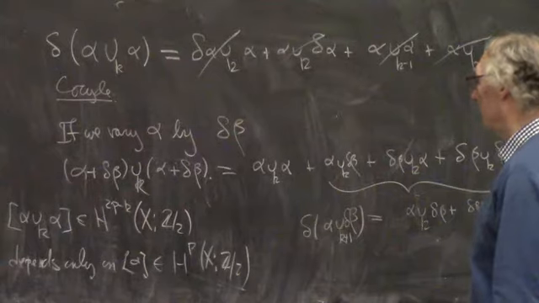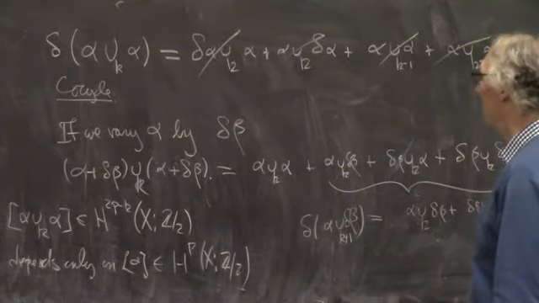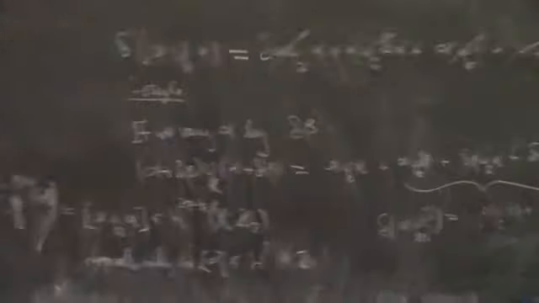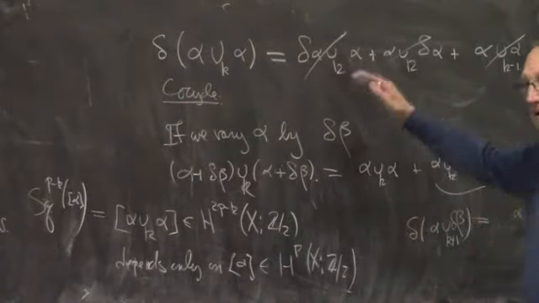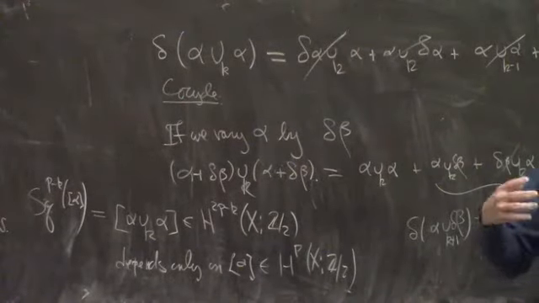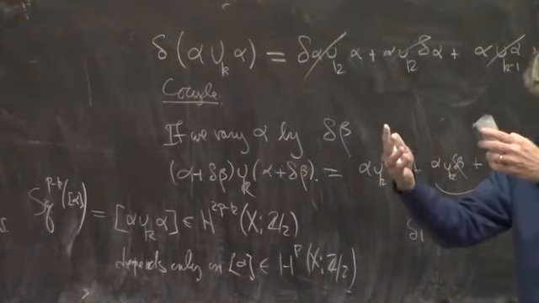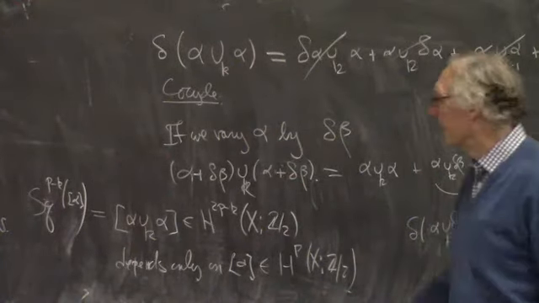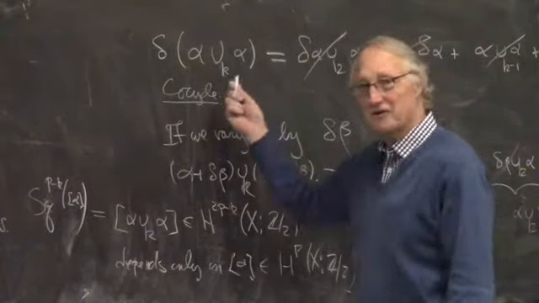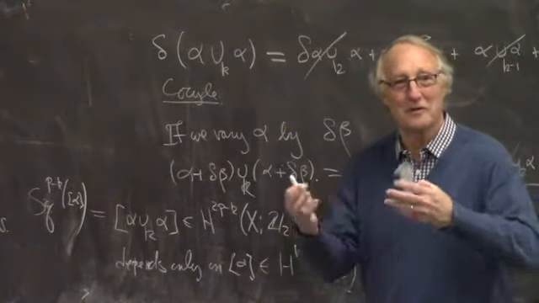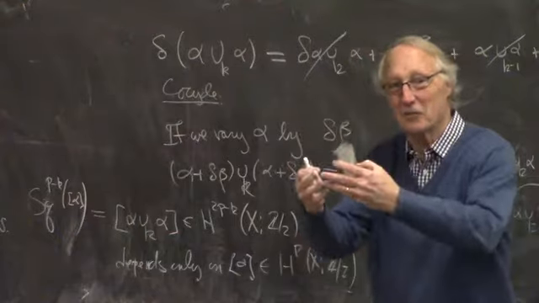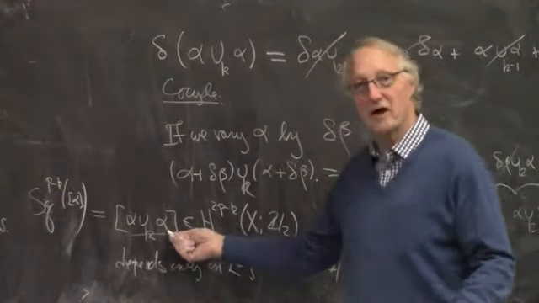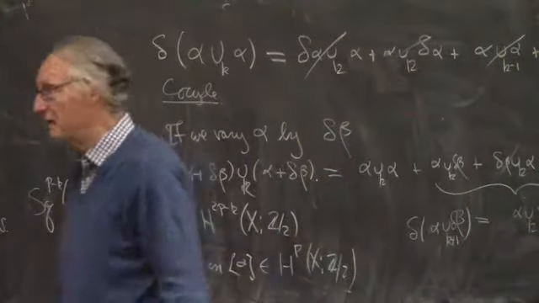Cup K goes from the cochains on X to the cochains on X. It just raises degree though. If you have two classes, then you're starting with two cocycles in X and ending up with one. Here I'm starting with one cocycle and ending up with a cocycle.